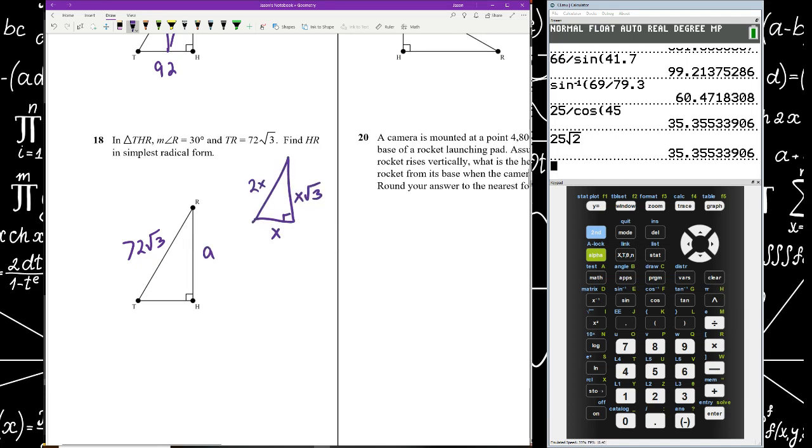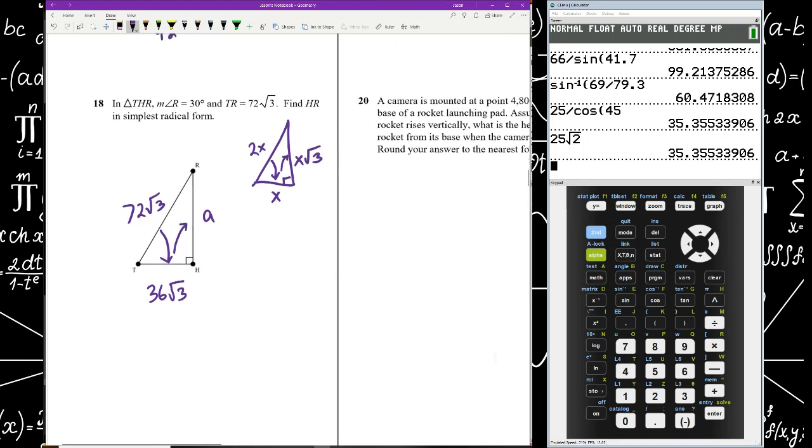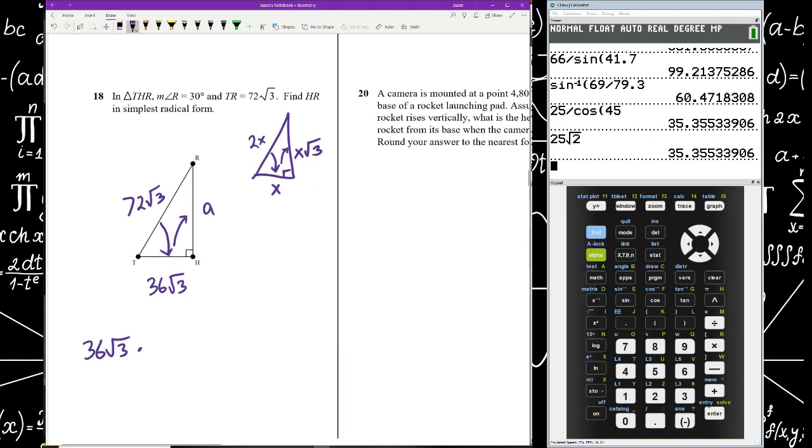Before I can find HR, I need to find the short leg. So 2x to x, we are dividing by 2. 72 divided by 2 is 36, but we did not get rid of the square root of 3, so we leave that there. Then we have to go one step further, and going from x to x square root 3, we multiply by the square root of 3. So if I take 36 square root 3 and multiply by the square root of 3, notice I'm multiplying by 2 square roots of 3.